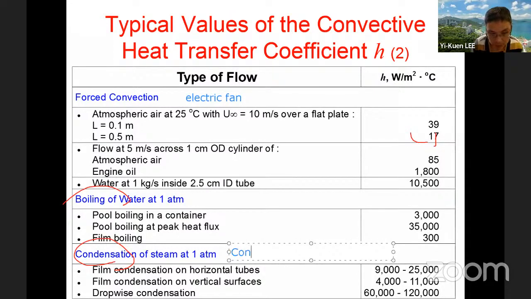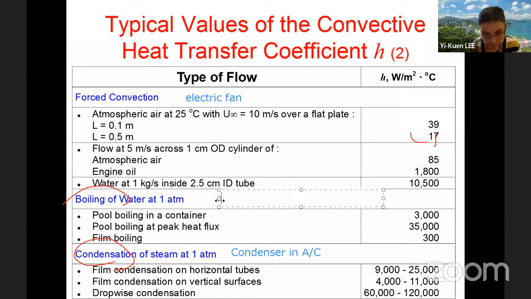That's why in our AC air conditioning system we have these. So you can see, if I only have a pure electric fan, the amount of heat it can carry for cooling is not enough.